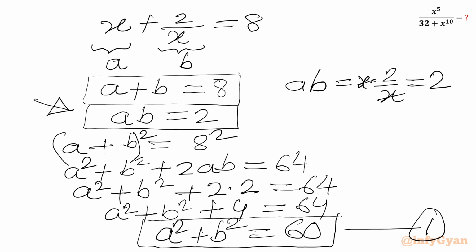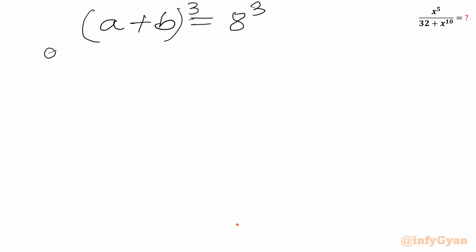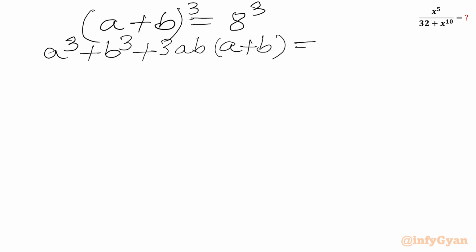Now I will consider cubing both sides. So I will write a plus b equal to 8, power 3. Now a cube plus b cube plus 3 times ab in the bracket a plus b. 8 cube is 512.